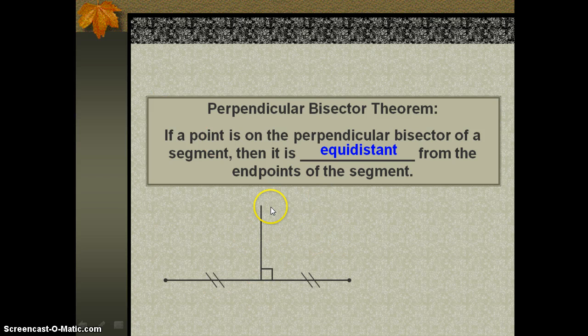So no matter what point I pick on here, it's going to be equal distance from this segment endpoint and this segment endpoint. So for example, if I pick this point, these two dotted lines are going to be equal distance. If I pick this point, then these two lines are going to be equal distance.